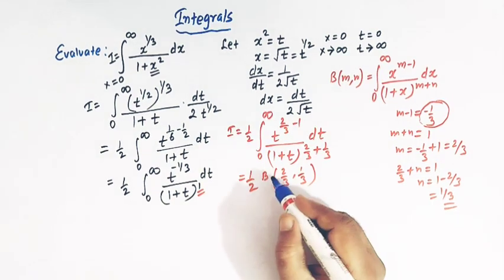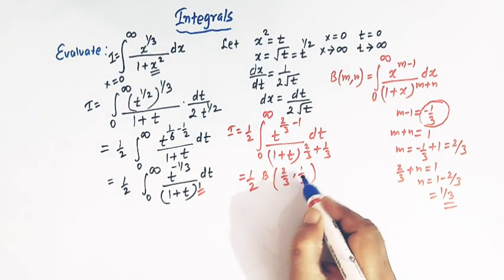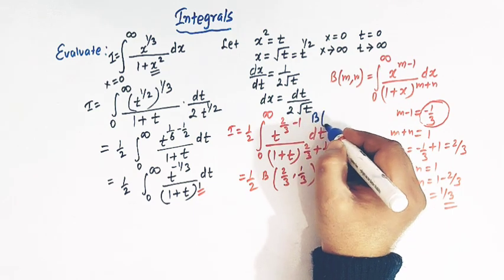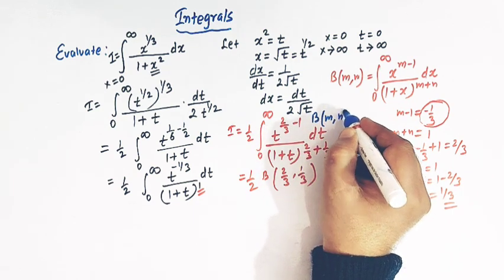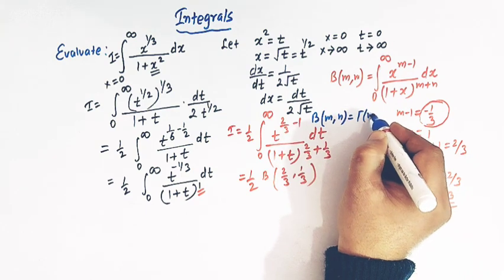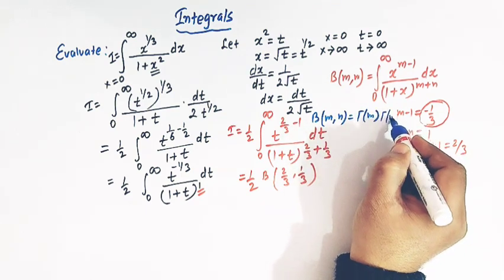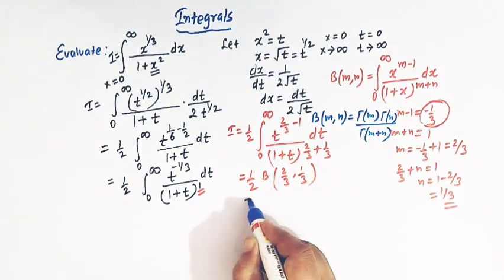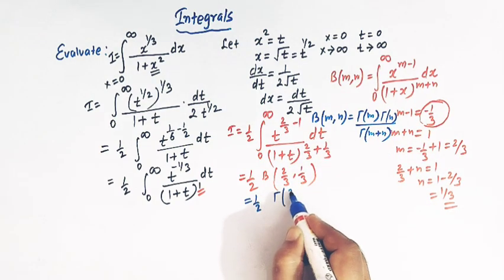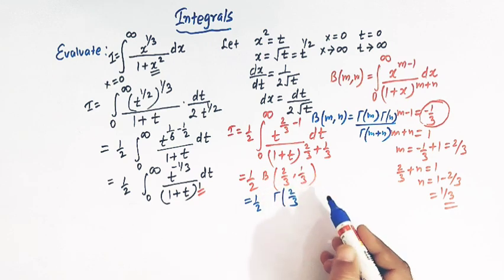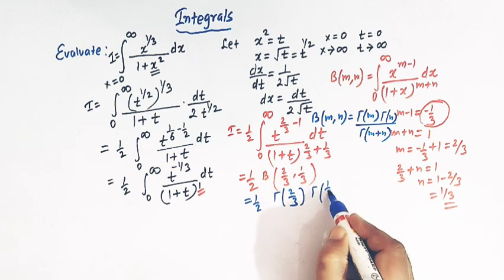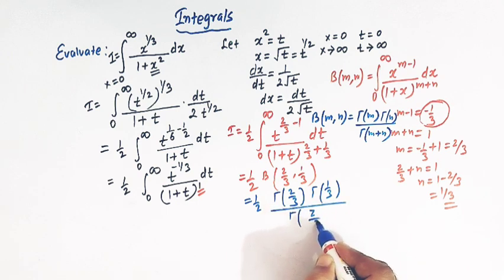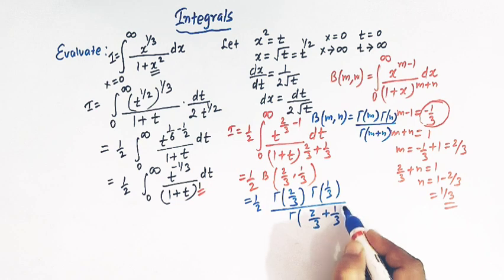So now to calculate the value of beta 2 by 3 comma 1 by 3, we'll make use of another important relation, that is beta m, n is given by gamma m, gamma of n divided by gamma of m plus n, right? So this is half gamma of 2 by 3, m is 2 by 3, n is 1 by 3, gamma 1 over 3, then we have gamma of 2 by 3 plus 1 by 3, right?